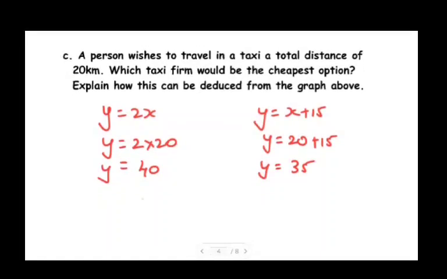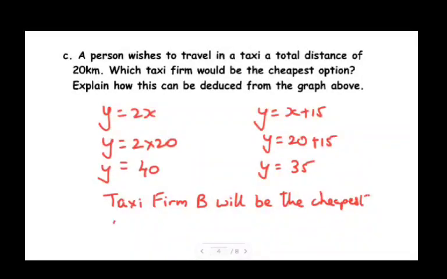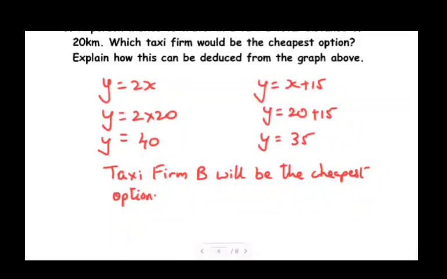So children, taxi firm B will be the cheapest option. Alright, so we worked this out, okay, and that justifies our answer.